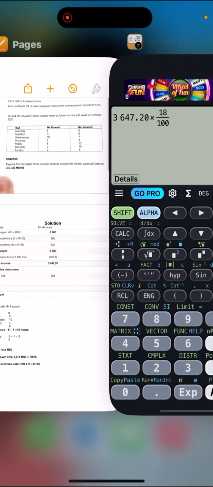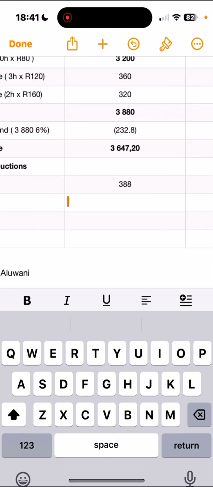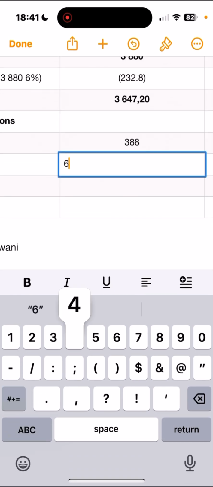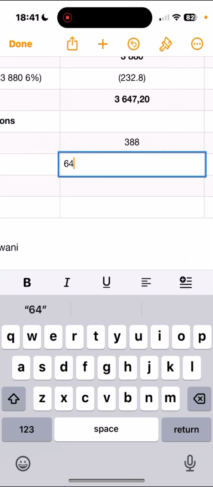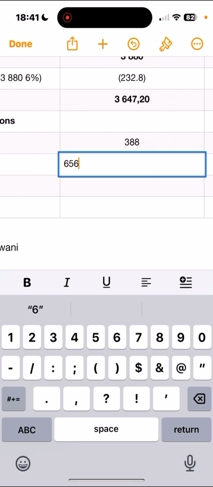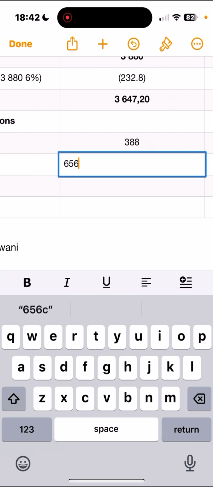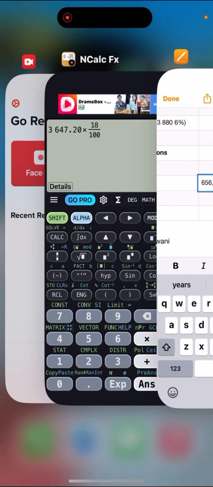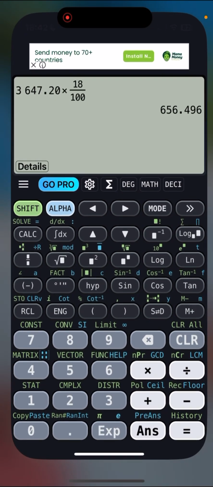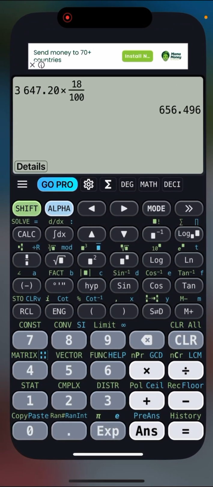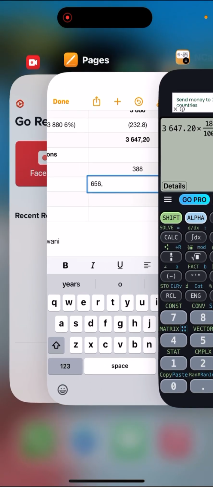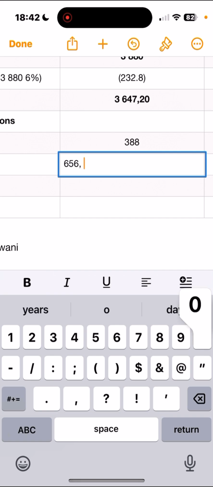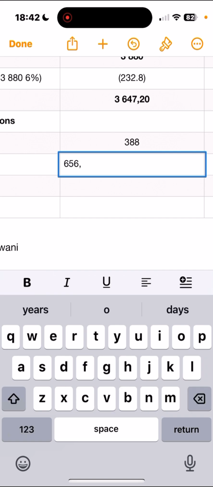Let me verify. 656, not 646. It comes to 0.1. When we round this one, it comes to 1.